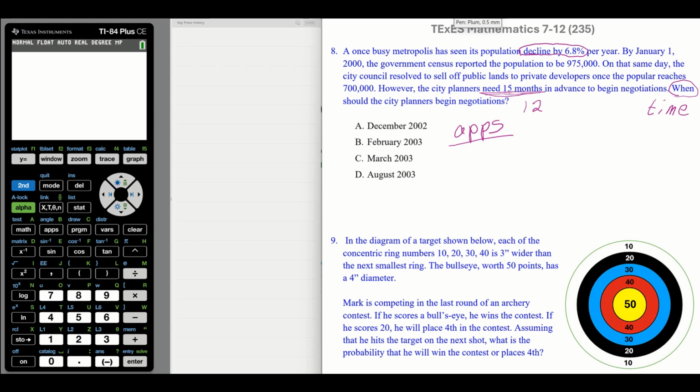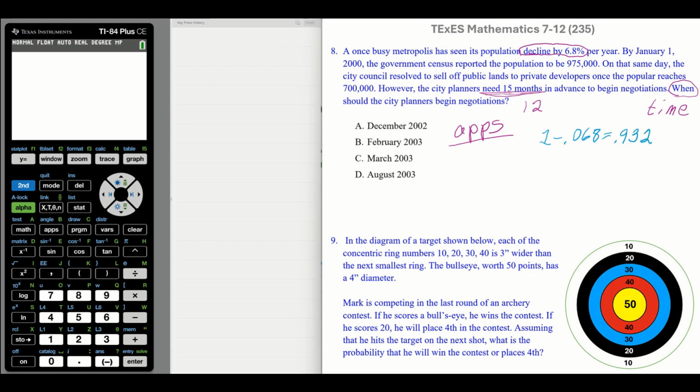Now, in decline, remember, when we're using that application, we cannot type in the decimal version. So what are we going to do here? Let me change colors. We're going to take 1 minus 0.068. That is going to give us 0.932.